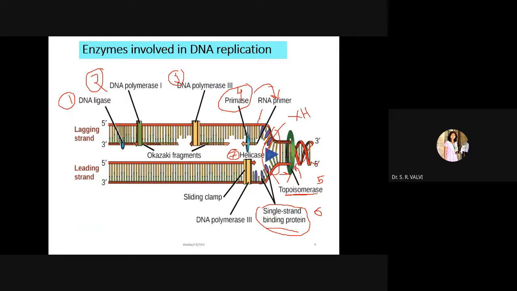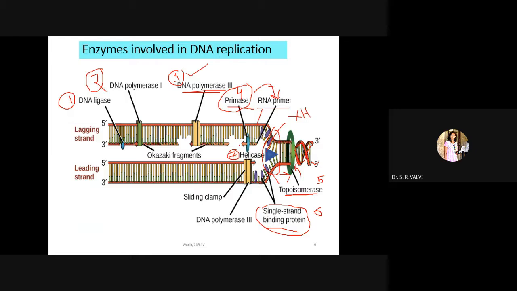Now see, next, DNA polymerase III. This is our next enzyme. What is DNA polymerase III going to do? Here we have seen the primase enzyme, right? DNA polymerase III extends these primers.